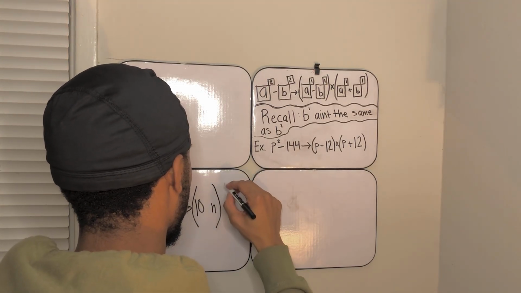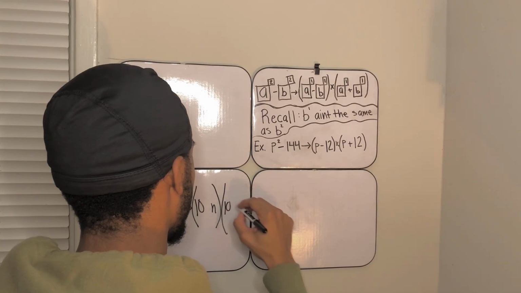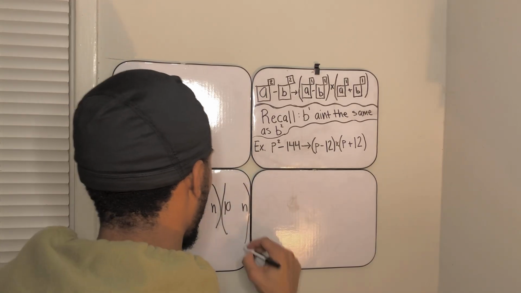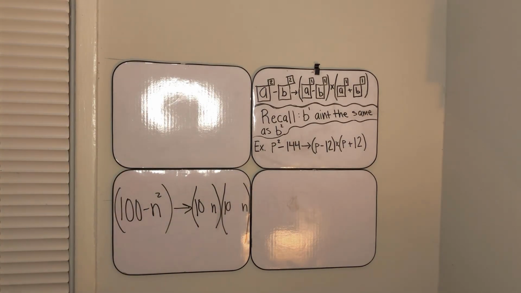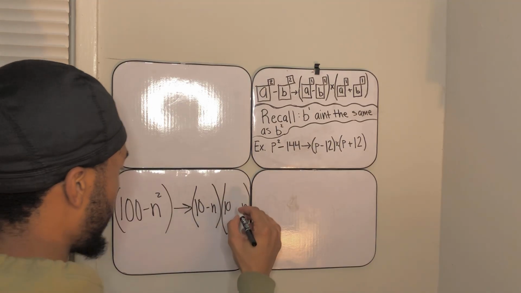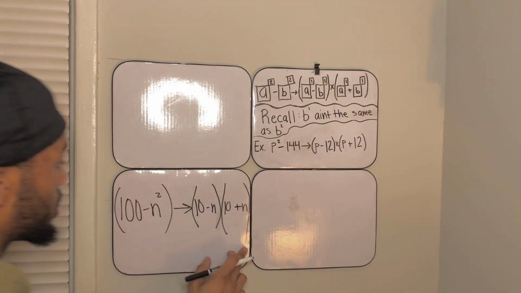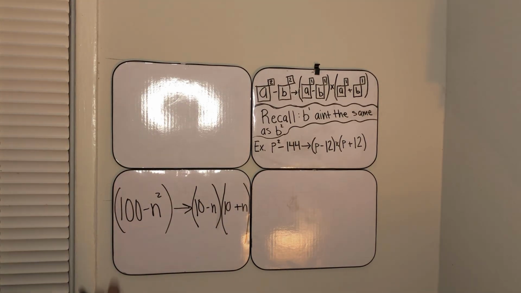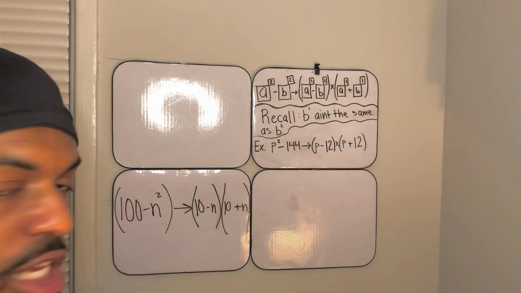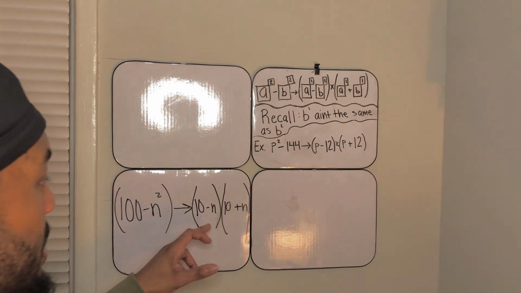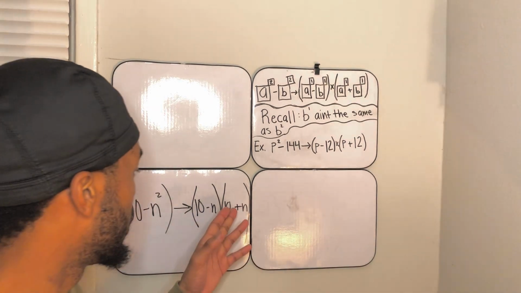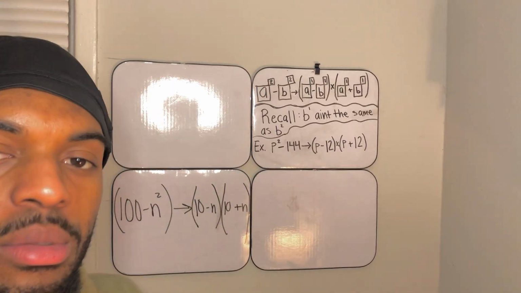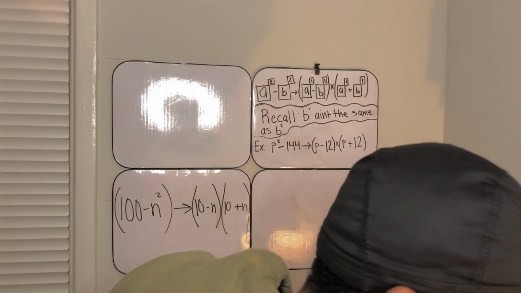That's the same in the second parenthesis. All we have to think about is that the first one is subtraction and the second is addition. So 100 minus n squared is 10 minus n times 10 plus n.